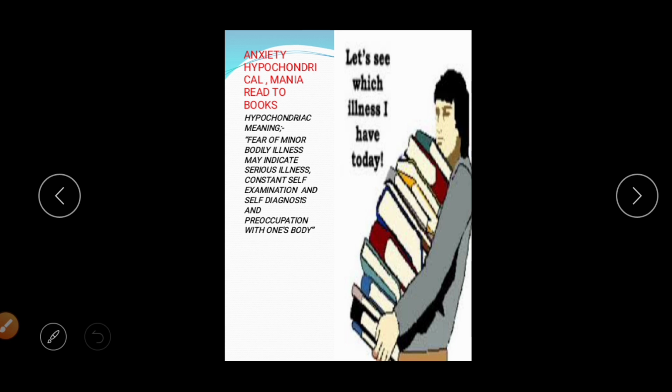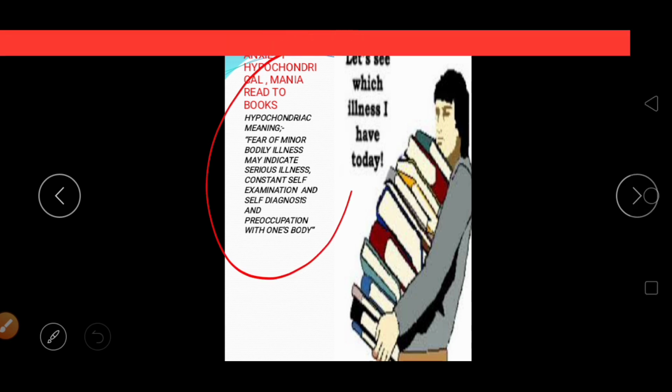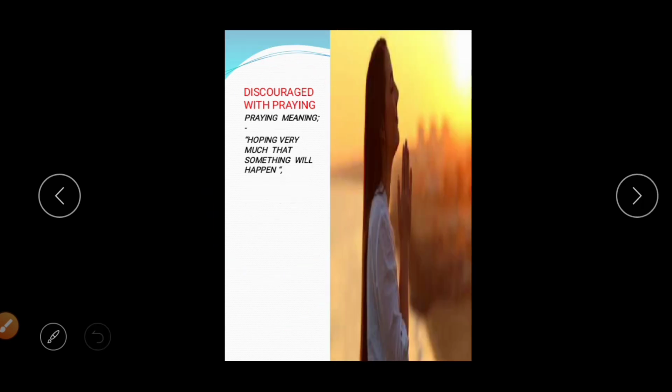So this is called anxiety, hypochondriacal mania to read medical books. By observing television health programs and reading medical books, she developed an anxious nature. So I have taken this rubric.